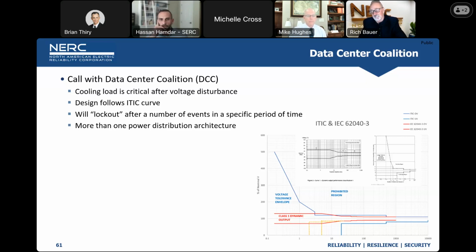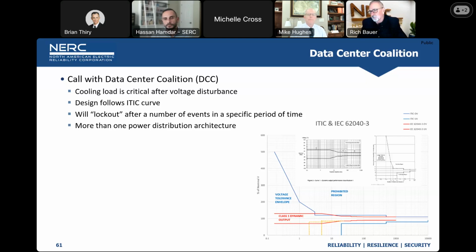That is an absolutely great question. Hassan and I have talked about this at length many times, and in my opinion, and I believe Hassan agrees with me, that is as important as the load loss.